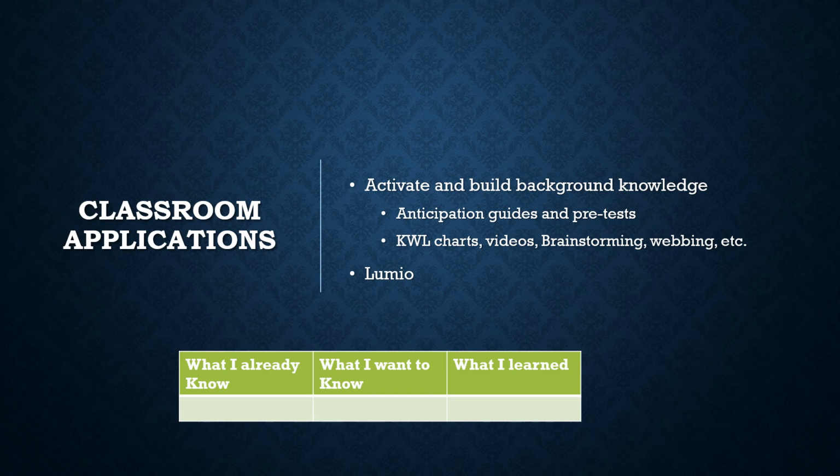Some of the things that Lumio has in these activities and slides are KWLQ charts. They have entrance tickets, which are another great way to do an anticipation guide for your reading that day. They have shout it out, which you could use with the KWL chart in a way where you have students say what they already know about the topic, and they shoot their answers up onto the board for everyone to see.